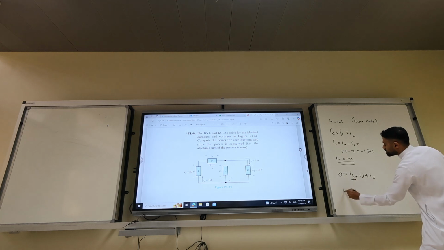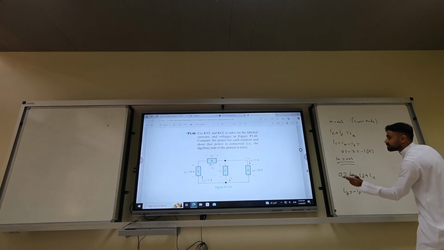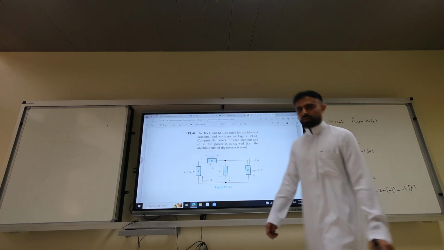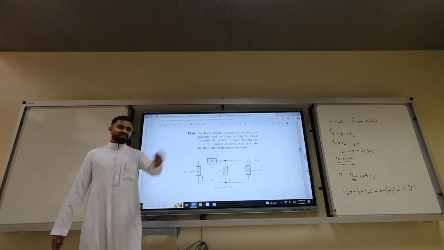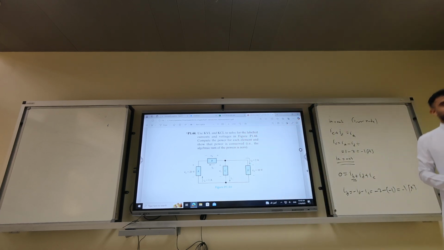So IB equals minus ID minus IC, which is minus 2 minus (minus 1), which is minus 1. So there is no need, it is the negative of IA. See? Saved 10 seconds during the test. You can do it that way, that's a better way. I didn't see it.